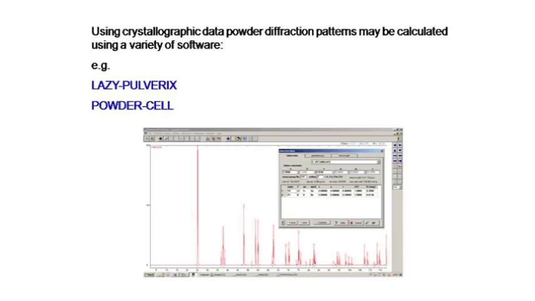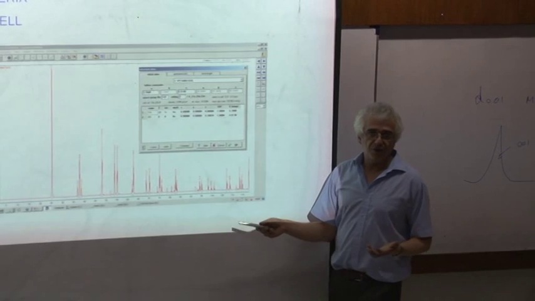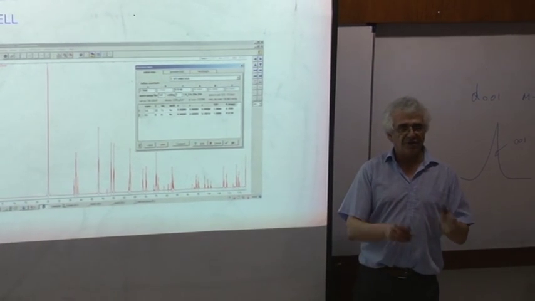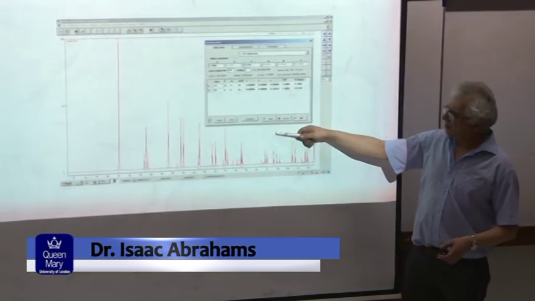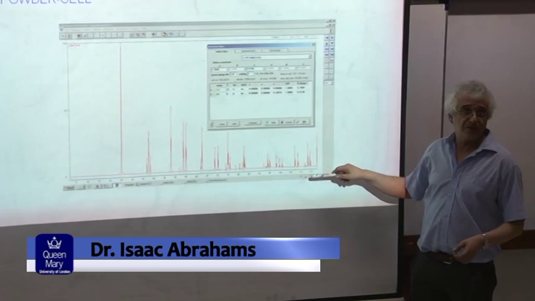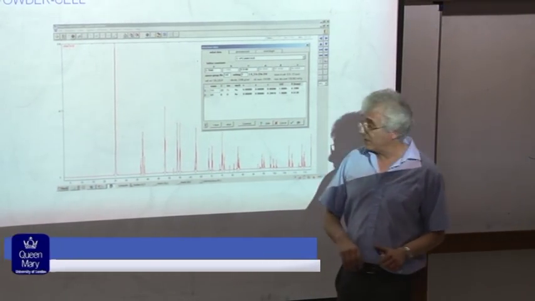And then in PowderCell you can even upload your collected pattern so you can compare it. That's free, that's available online, anyone can download it. So these are very useful tools for you to use when you're trying to do phase identification. PowderCell even does some basic fitting to the peaks if you wanted to do that.